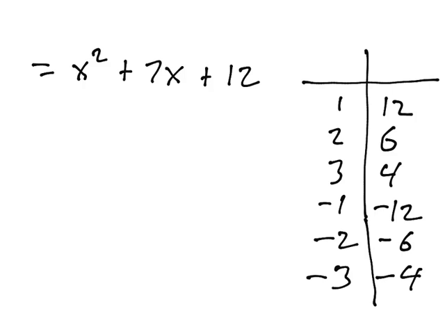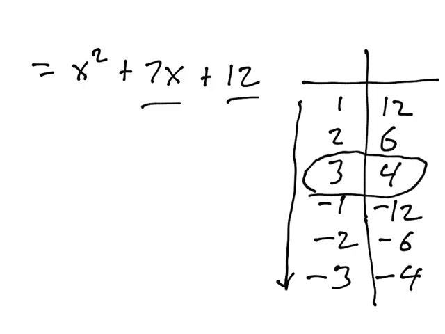Here, we want to scan down this list and find something that sums to 7, right? All of these things multiply to 12. Now we need to look at our other constraint, which is them adding to 7. So 1 plus 12 is 13. 2 plus 6 is 8. 3 plus 4 is 7, which is what we want. I'm going to keep going.